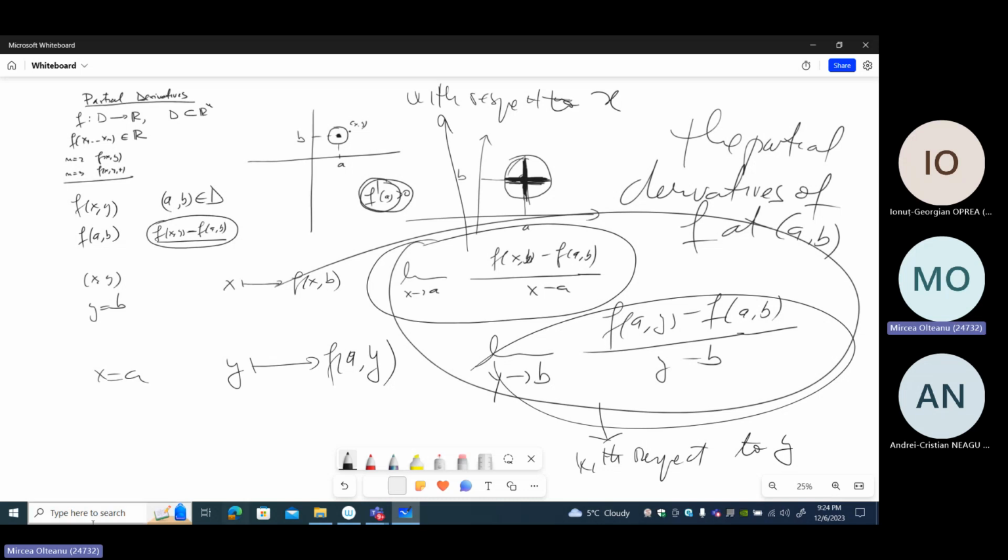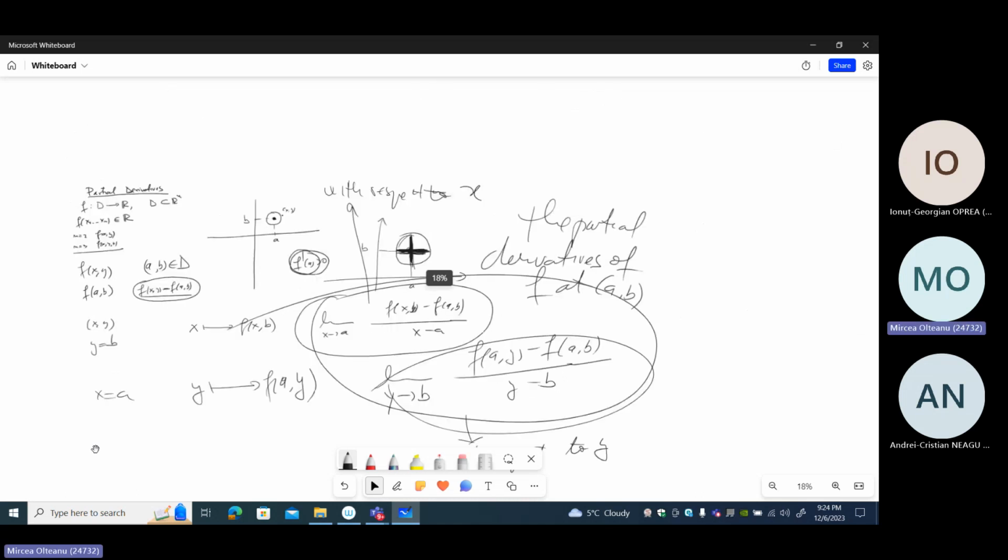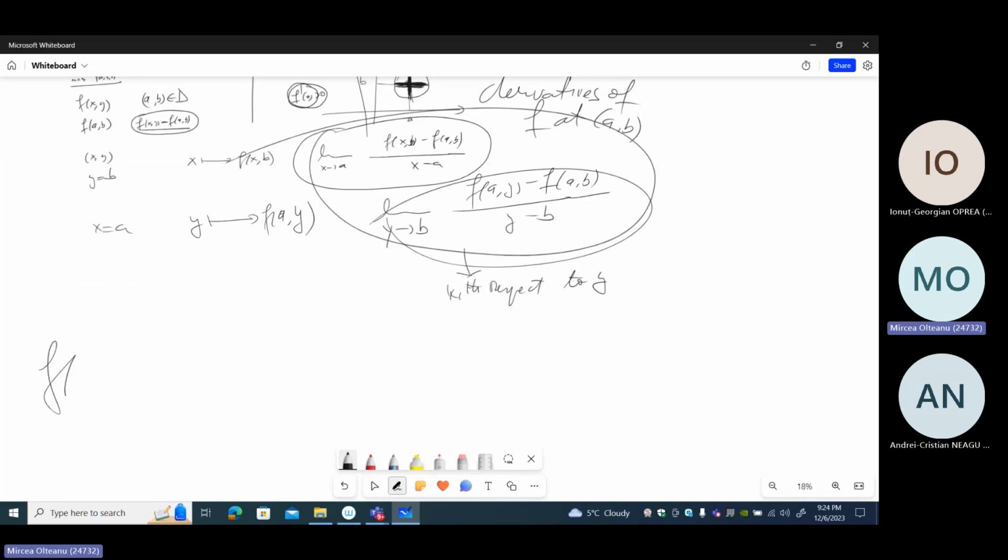Of course, in three variables, we shall have three. I shall just write this, and then I will be over with the theory. For example, a function of three variables has three partial derivatives at some point (a, b, c).